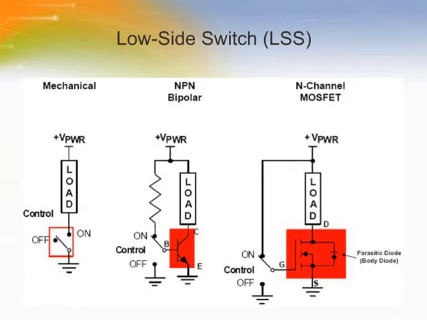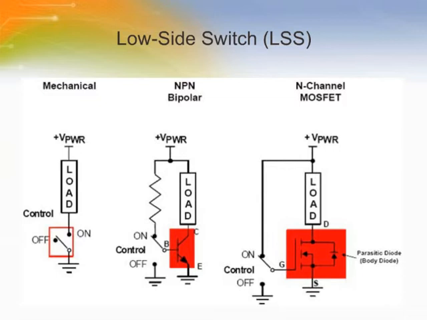Low-side switch circuits derive their name from the fact that they all have their switching elements connected to ground or to the most negative voltage of the circuit, thus the name low-side switch. The load is always located between the positive power supply and the switch element and is always connected to the positive power supply.